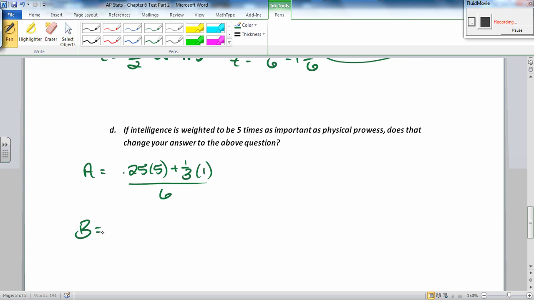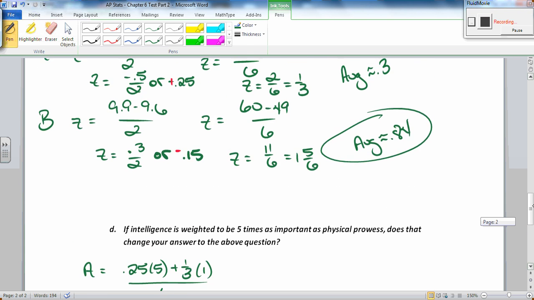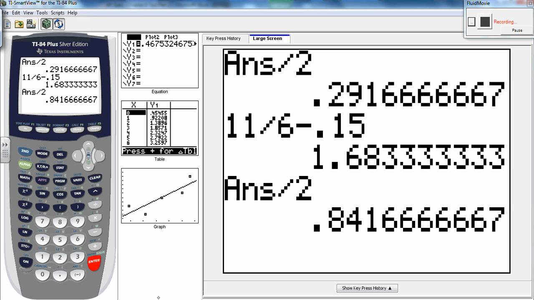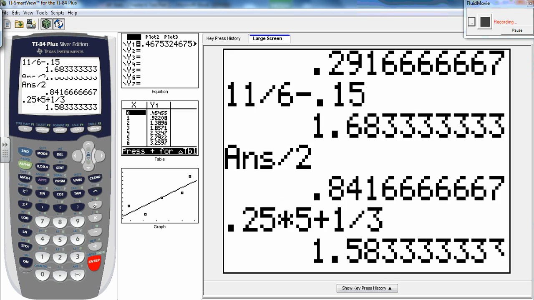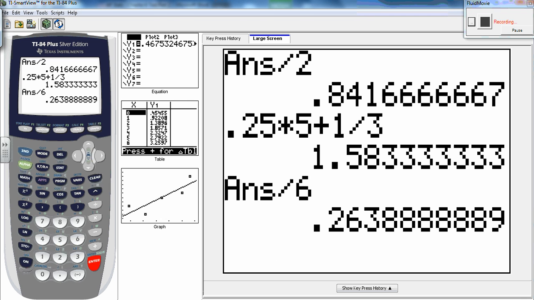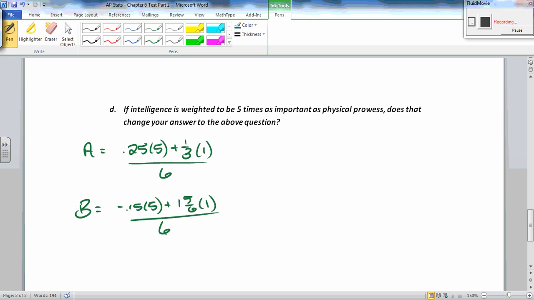And for candidate B, we're going to take that negative 0.15, count it 5 times, and take that 1 5/6 and count that once, and divide that by 6 to get the average. So when we do that calculation and divide that value by 6, what we get is an average z-score of approximately positive 0.26.